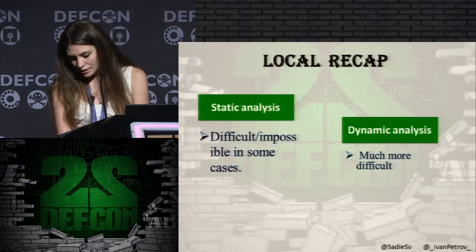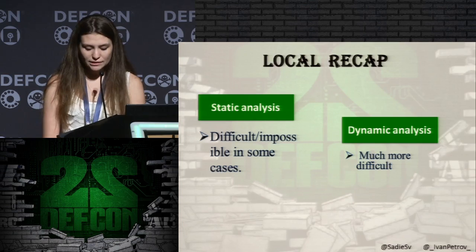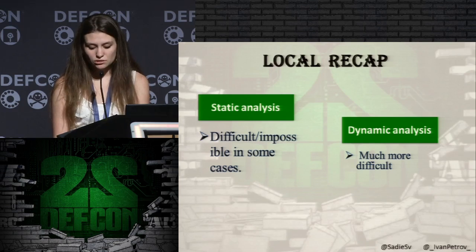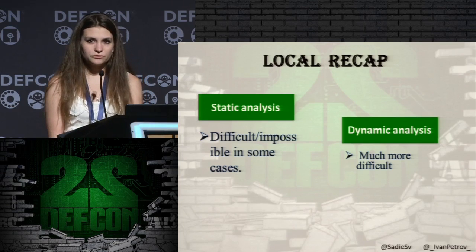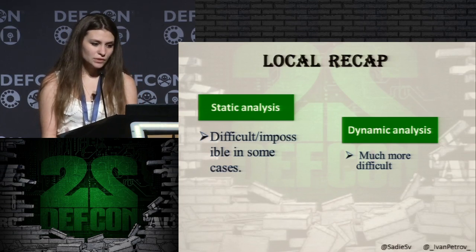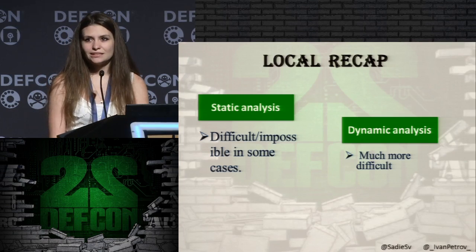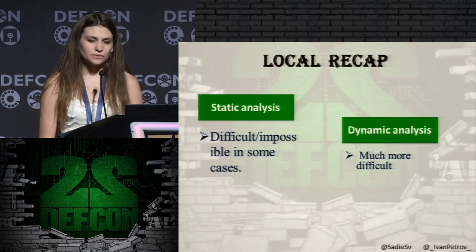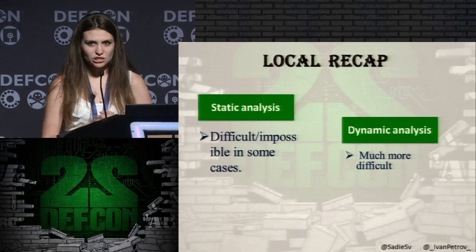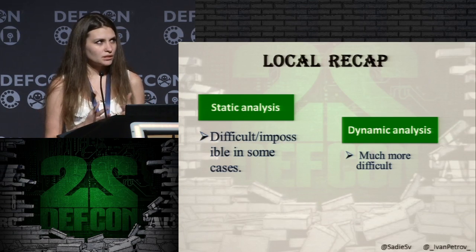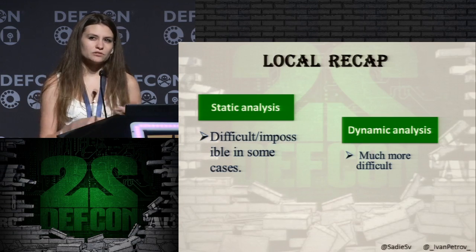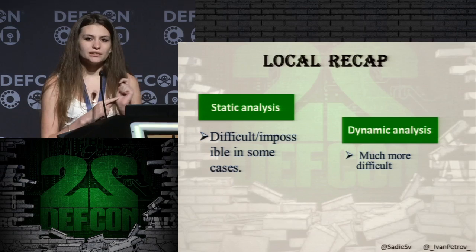Well, we analyzed all the shellcode detection techniques used for the x86 platform, and here's a local recap. Static analysis is really difficult. I mean the static analysis which we used for detection of x86 shellcodes, for example analysis of the control flow graph, instruction flow graphs, and data anomalies as well.